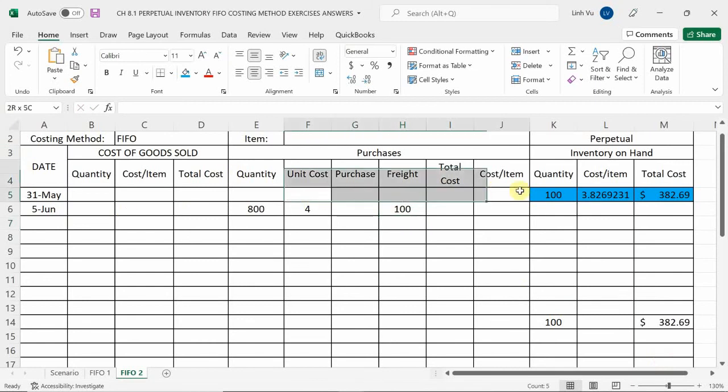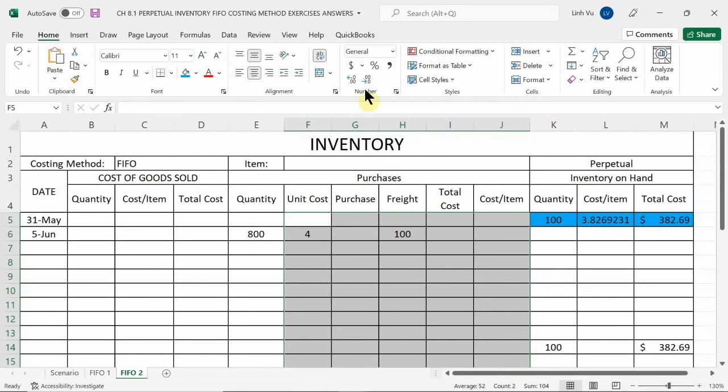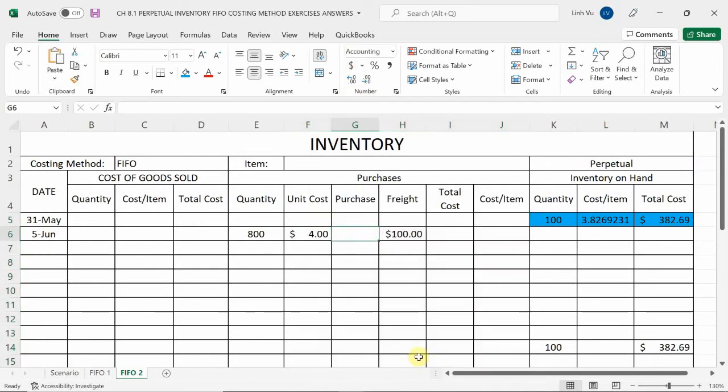Okay, so in this case, we need to solve for my purchase price, right? So the formulas in here in Excel are quite simple, right? You use your equal sign to activate your formula. And in this case, I'm going to use cell referencing where I'm going to actually just click on 800.